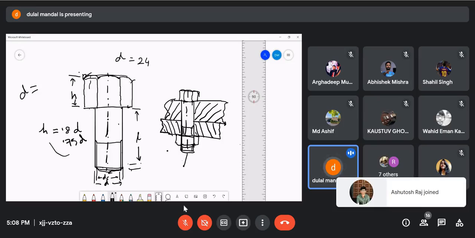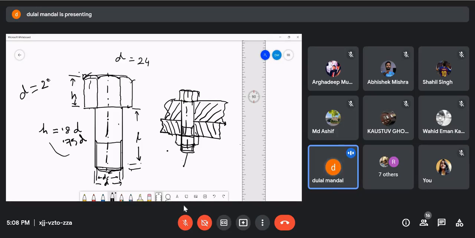I'll give you the D. Suppose D is let's say 24. Now you can calculate, and L will be equal to, let's say, 3D. L will be about 3D. You will calculate all these dimensions, then you can draw it.